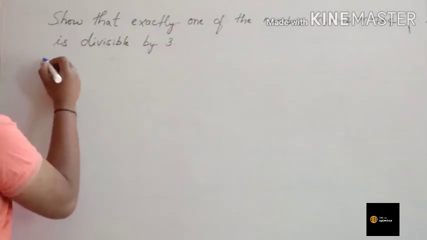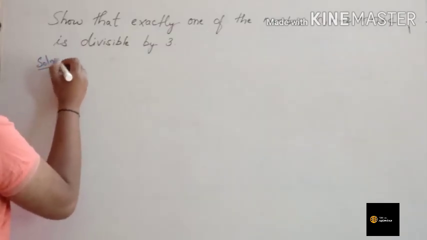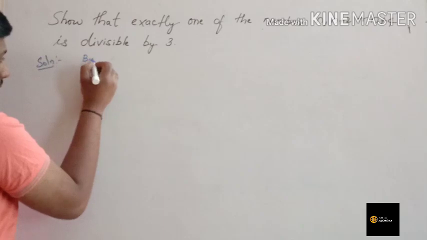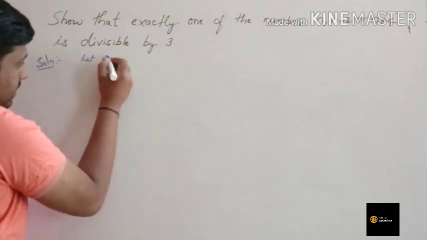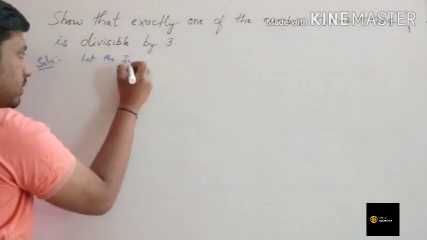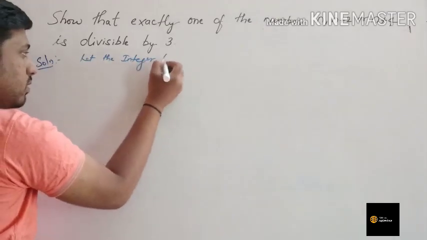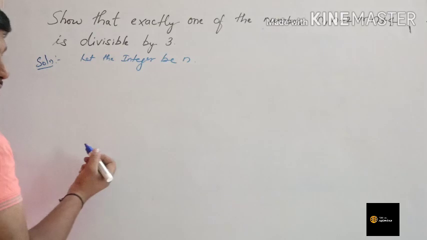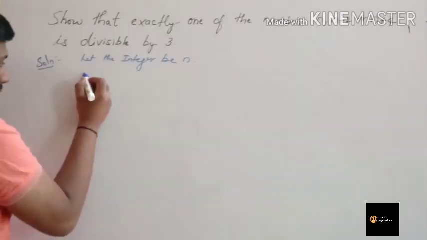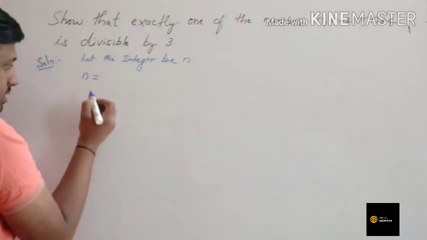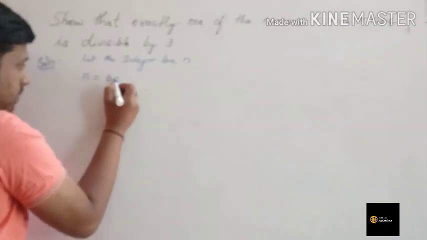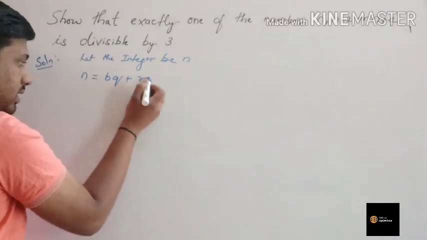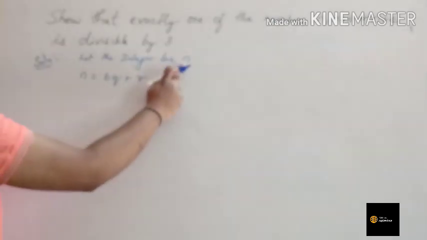So as usual, in the solution side, let me take it like this. Let the integer be n. So according to Euclid's division lemma, we have n is equal to bq plus r. Instead of a, I have considered n.